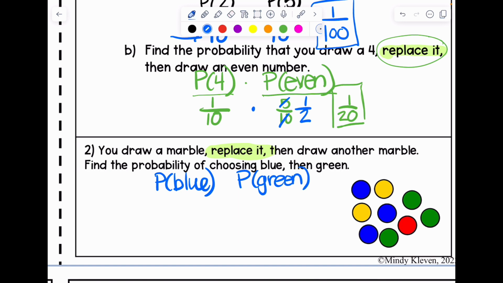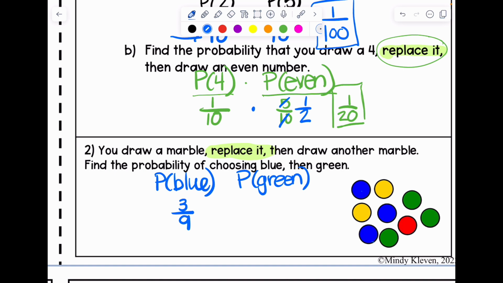All right, so the probability that I get a blue, I have 3 favorable outcomes, 3 blue marbles, out of, if I count my possible outcomes, 9 possible outcomes here. So I have a 3 out of 9 chance of drawing blue.